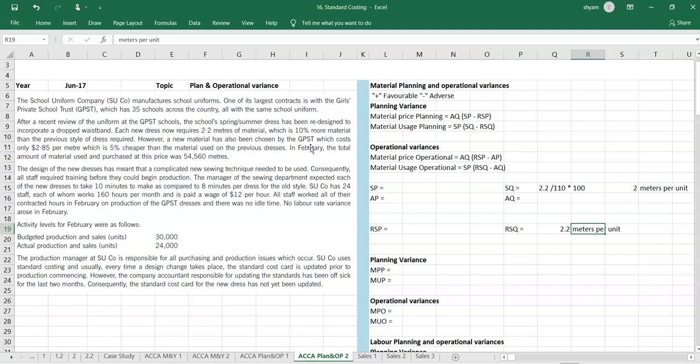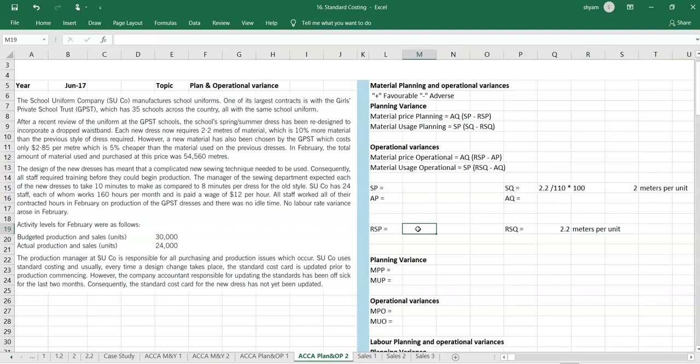However, a new material has also been chosen by the GPST, which costs only $2.85 per meter, which is 5% cheaper than the material used on the previous dress. So they have found a new material which is currently only $2.85 per meter.